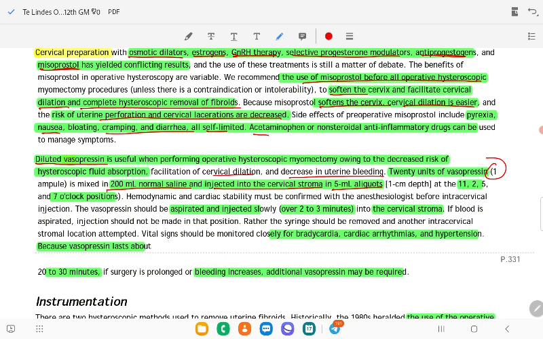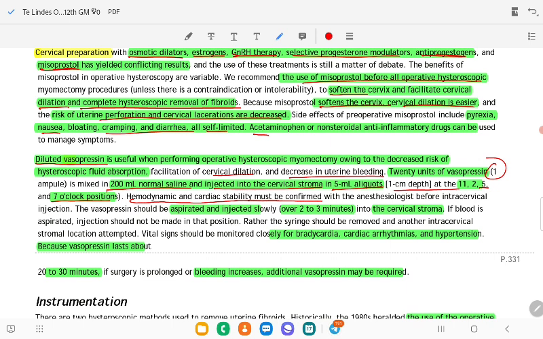Inject 5 ml at 1 cm depth at the 11 o'clock and 2 o'clock positions, and at the 5 and 7 o'clock positions, into the cervical stroma. Always tell your anesthetist before you inject the vasopressin, and hemodynamic and cardiac stability must be confirmed with the anesthetist before intracervical injection.